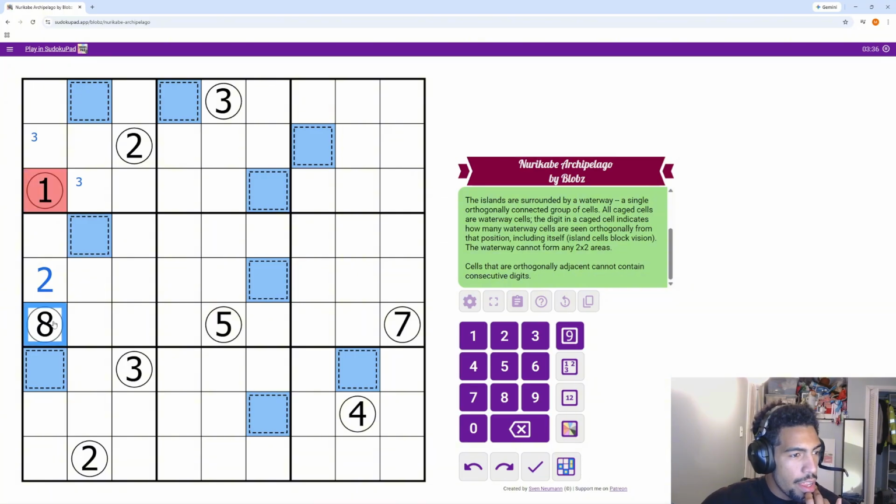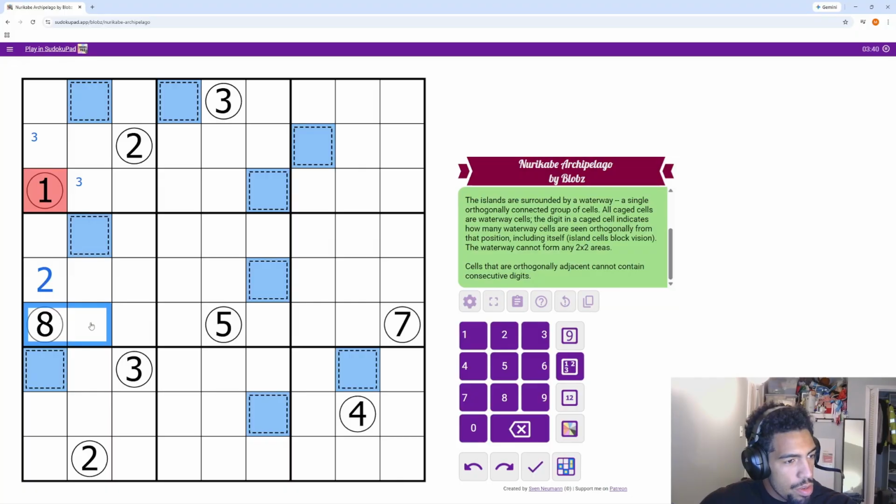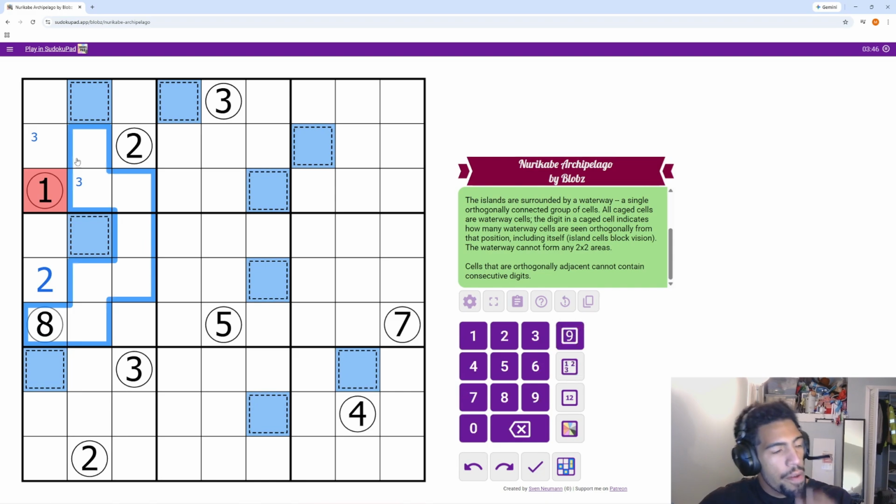So unless the 8 comes up, 1, 2, 3, 4, 5, 6, 7, 8. So 8 could take that cell if that was the exact 8 island.